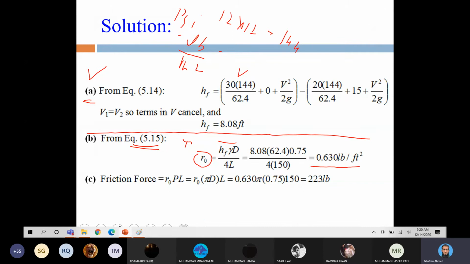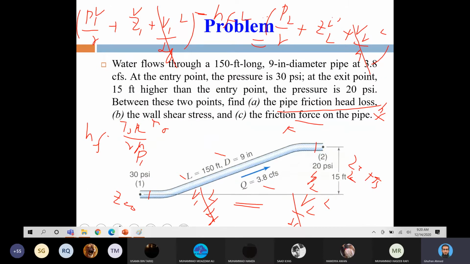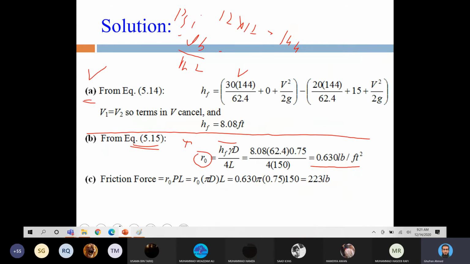Okay. So the third thing which we need to find is the friction force of the pipe, F. And we know that this shear stress, tau naught, is equal to force per unit area. If you want to find the frictional force, F is equal to tau naught times area. And here area is PL. So tau naught times PL.